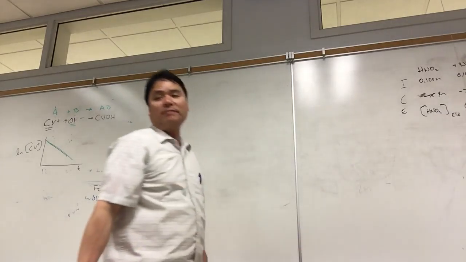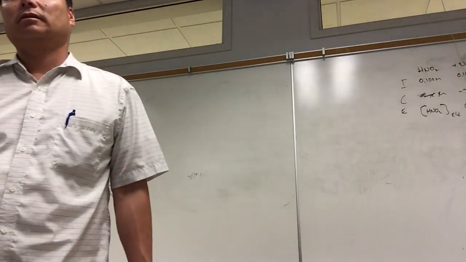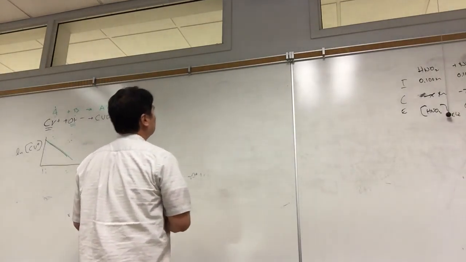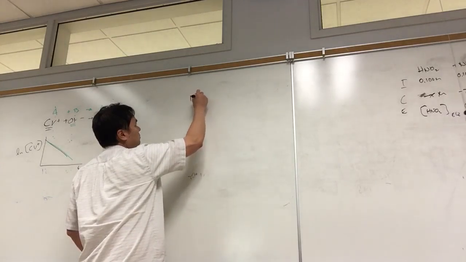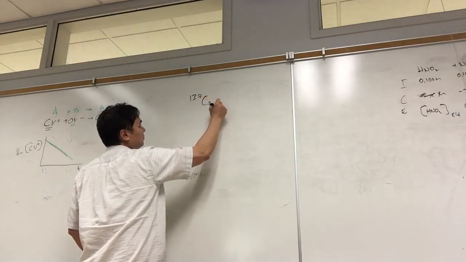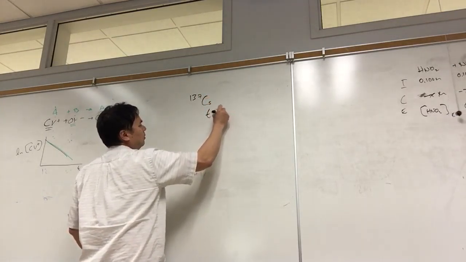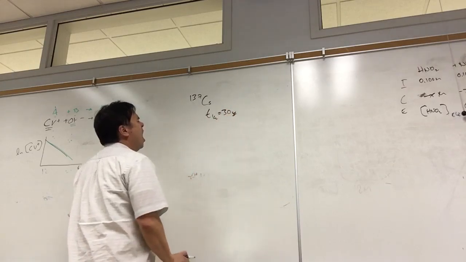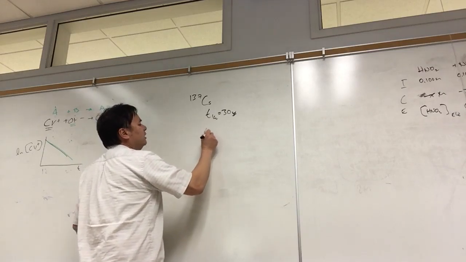All right, what does number 5 say? Radioactive cesium-137 has a half-life of 30 years. Something about ingesting it, and then the biological half-life is about 70 days.